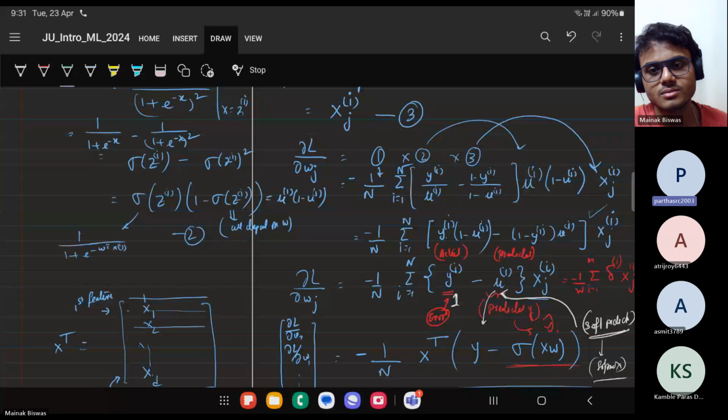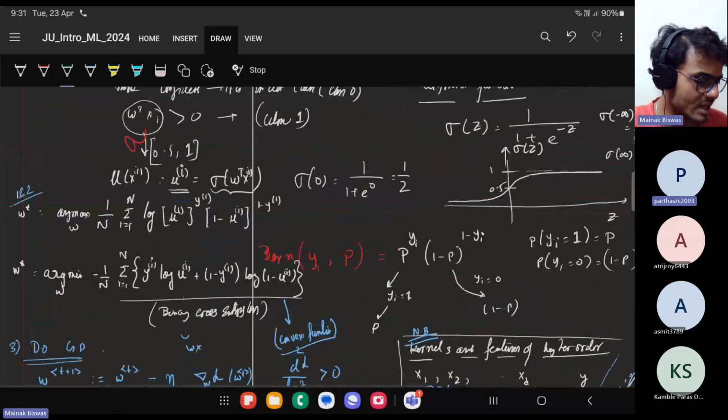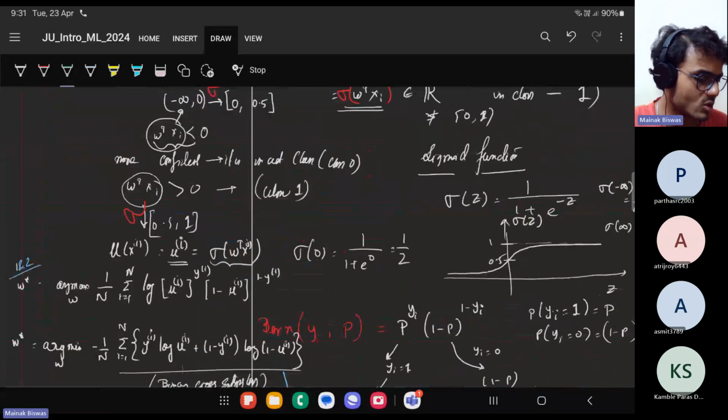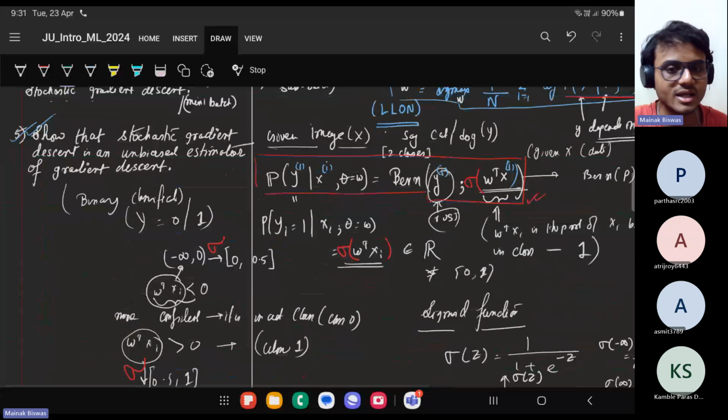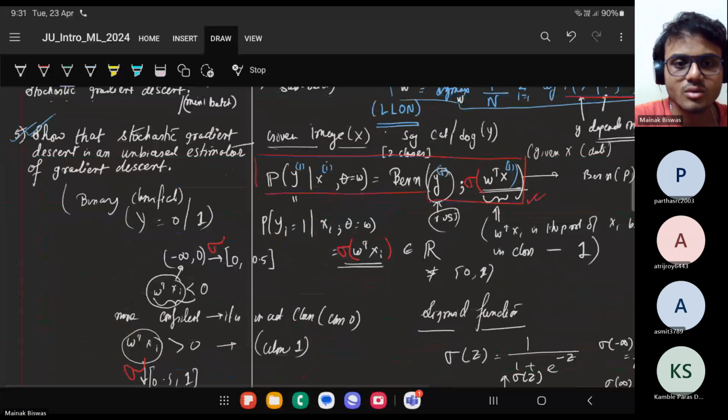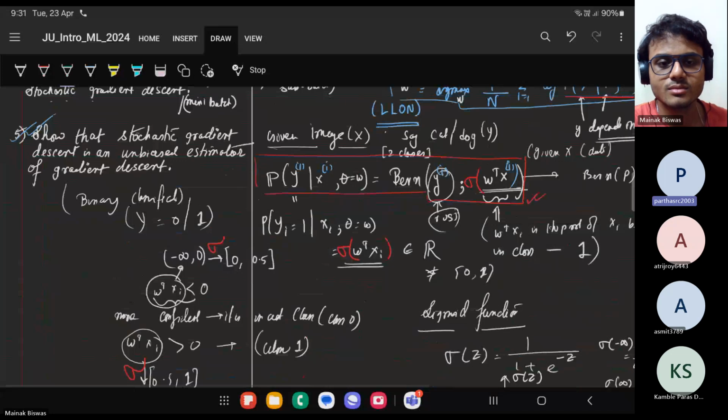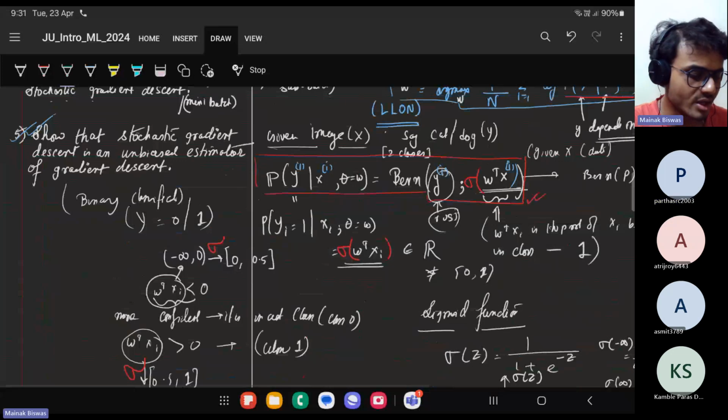The sigmoid function was selected because we wanted to convert w transpose x, which was from minus infinity to infinity, to 0 to 1. Minus infinity to 0 maps to between 0 and 0.5, and 0 to infinity maps from 0.5 to 1. This is why it was selected, not because of any other reason.